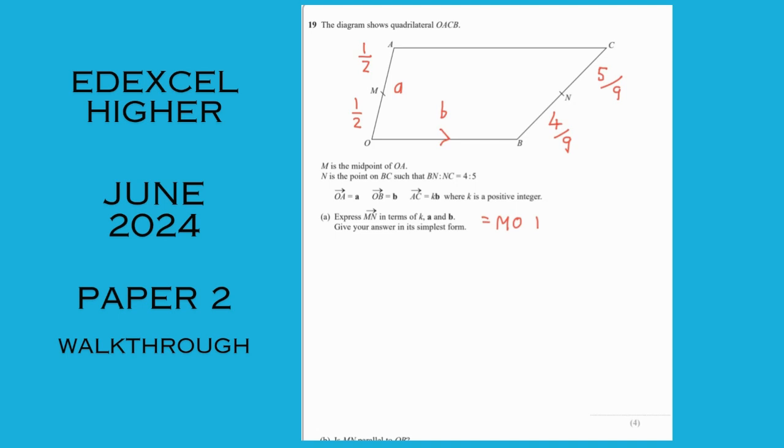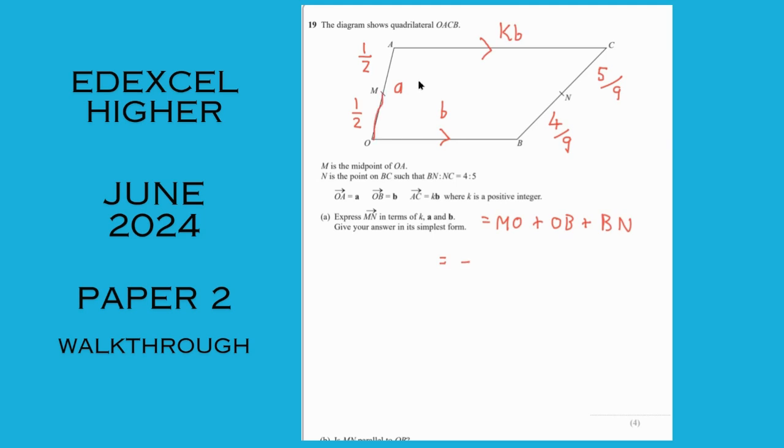So let's discuss the journey M to N. If I want to walk from M to N, I'd go to O first, and from O, I'd go to B, and from B, I'd go to N. Now, the first 2 parts of that journey are straightforward.